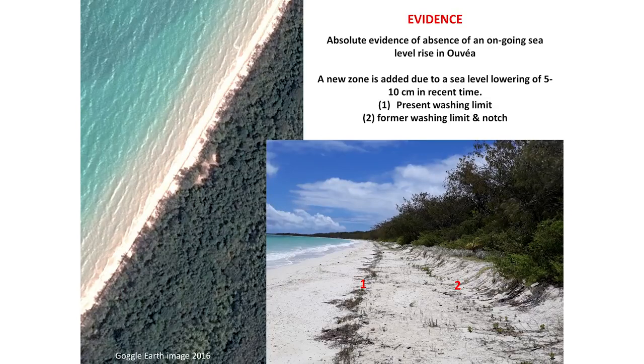And this was taken when I was there. This is from a Google map of 2016. So it's at least 2 years old. And it's added here. You can see this. What does it tell you? For sure, sea level is not rising. Because this is so delicate. This is the most delicate zone on the shore.